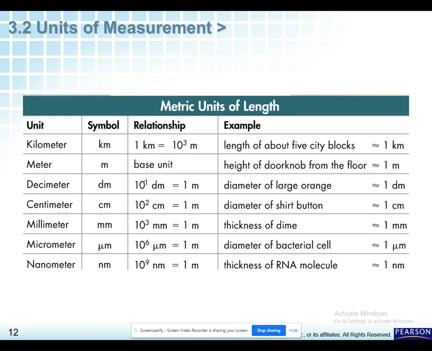Decimeter means it takes 10 decimeters to equal 1 meter, and this is about the diameter of an orange. And so on and so forth. Even if you get down here to micrometer, it's 10 to the 6, or 1,000,000 micrometers equals 1 meter, and this is about the diameter of a bacterial cell. Please notice that micro is this weird looking U though.